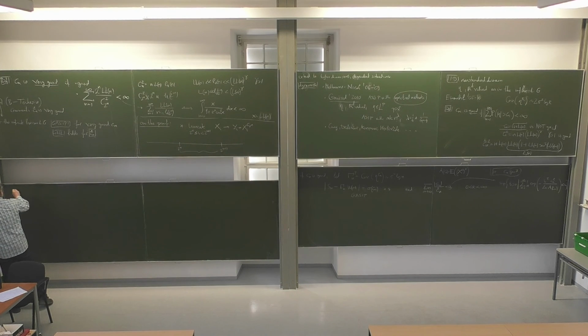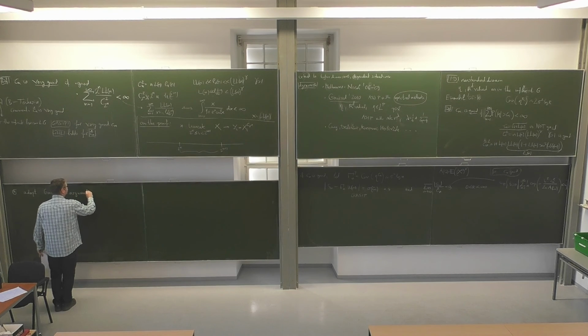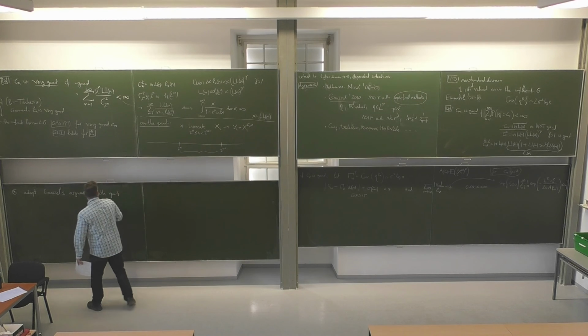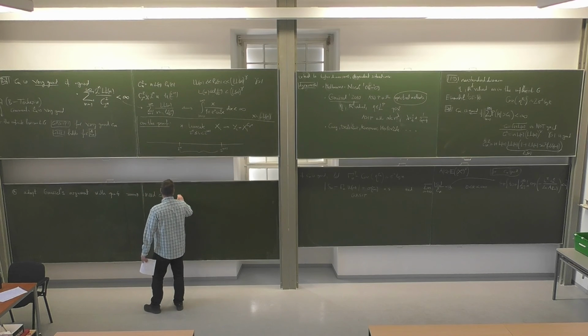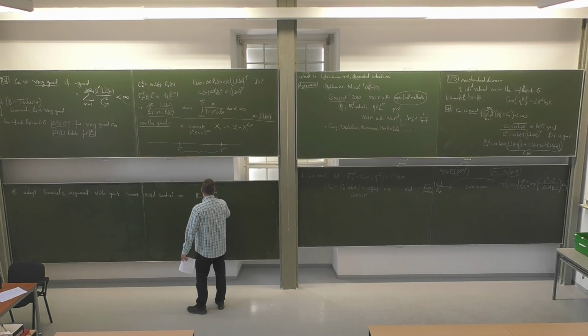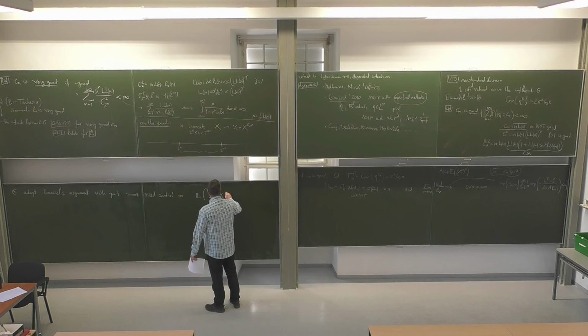So, second step, adapt Guezel's argument. Of course, this involves a lot of technical steps, with p equals 4, and we need control on E, the sum over i from 0 to m minus 1, so up to time n, of x_i truncated at r to the 4.